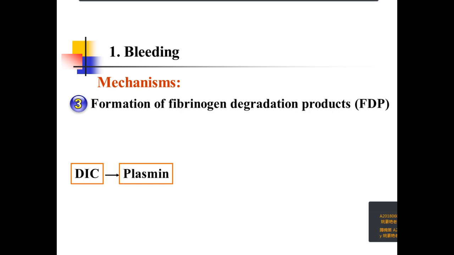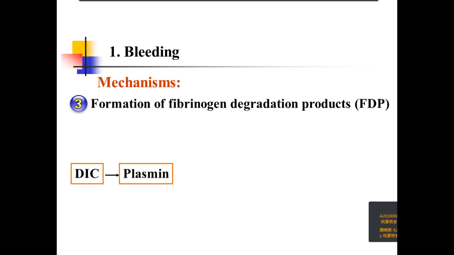It's called secondary because the coagulation system is activated first. If no coagulation system is activated and only the fibrinolytic system is activated, it's called primary fibrinolytic activation. Understand? During DIC, is the fibrinolytic activation first or second? Second.